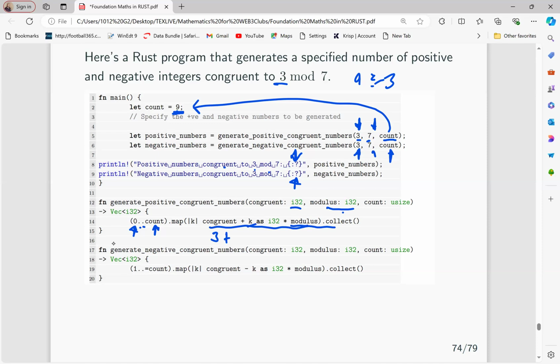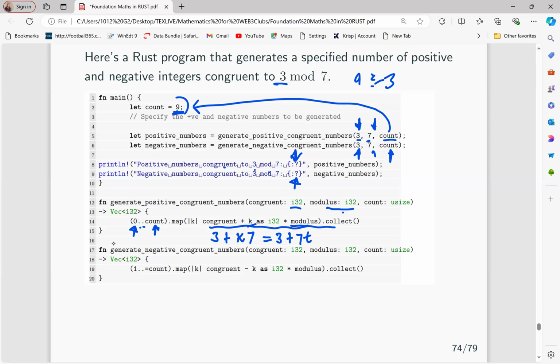There's a K. In the above example, it was 7. K is just a number, and K is ranging from 0 to the count.